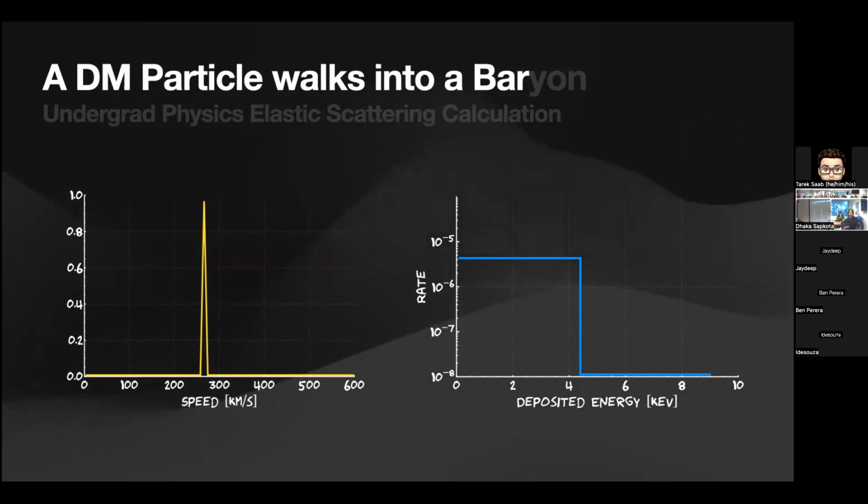And then you can't have it impart any more kinetic energy than that. So that is a good kind of spectrum, because if you measure something like this, then you actually know something very clear about the dark matter particle. You can basically determine its mass.